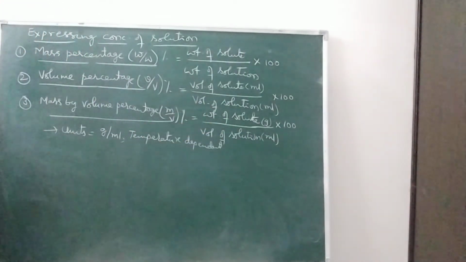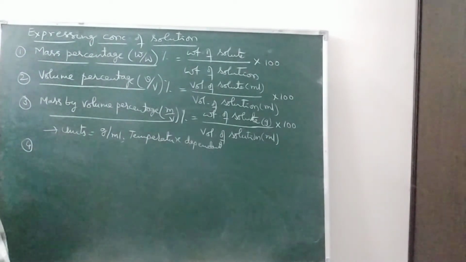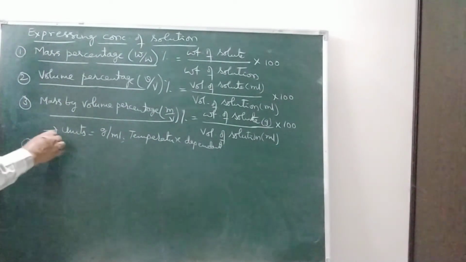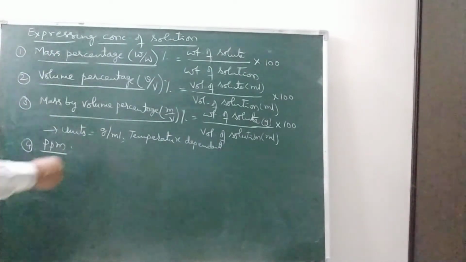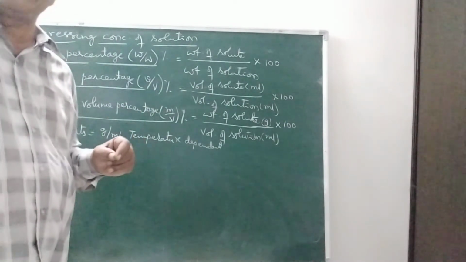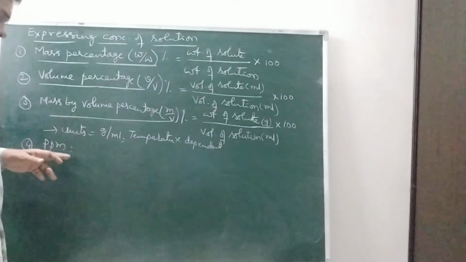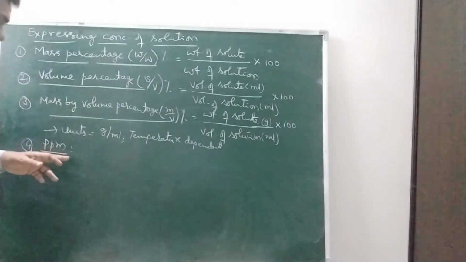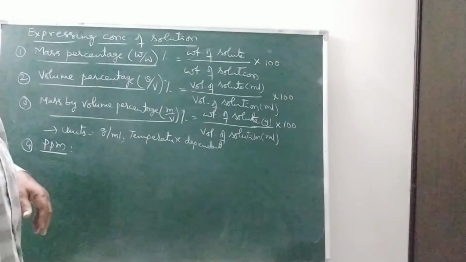Okay. Next, another term to express the concentration of solution is ppm, parts per million parts. When the solute is present in very small quantity, then we take the concentration of the solution as ppm, parts per million parts.